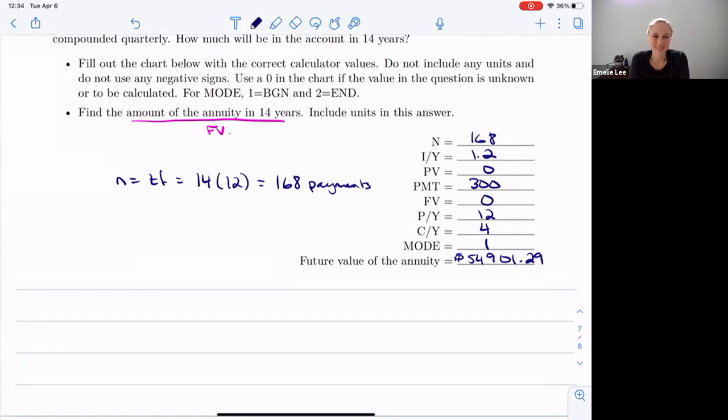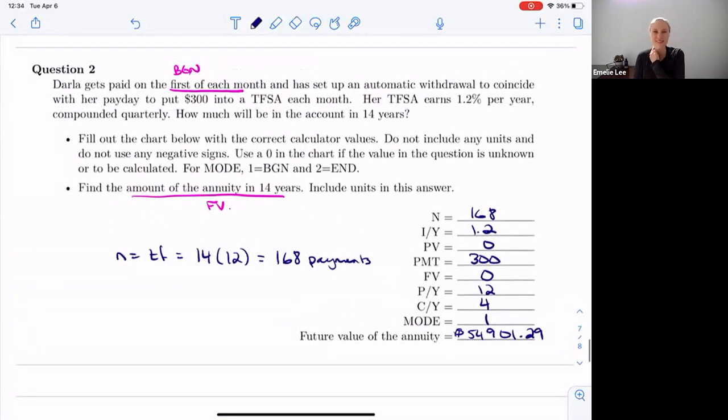So hopefully this test feels kind of reasonable, even including this section that we introduced today, but really it doesn't change anything. You just have to remember to change the mode, and then that's it.